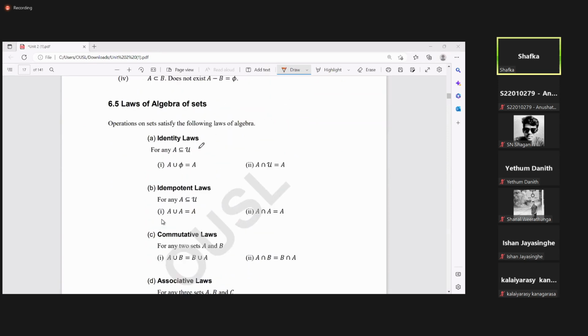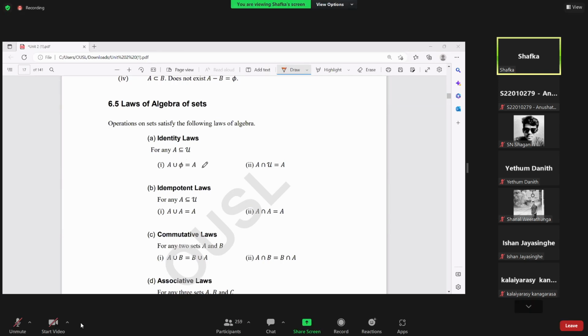The identity law is, we know that U is the universal set and A is a subset of the universal set. A union the empty set is A. Why?